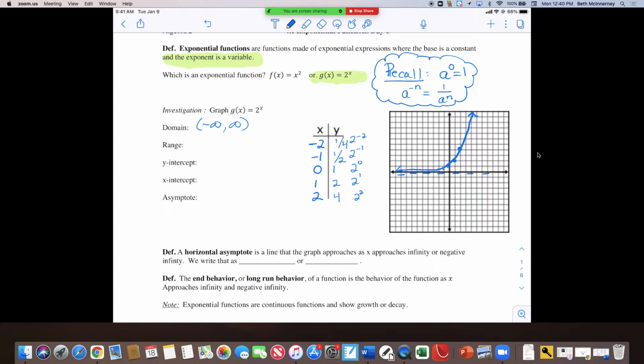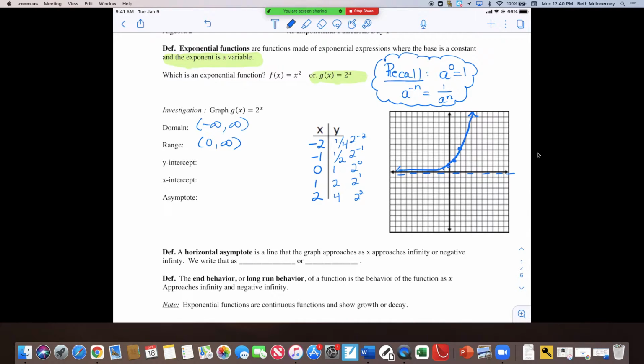There is a horizontal line that as x goes out to negative infinity on this one, as I move to the left, it's going to get closer and closer to this horizontal line without touching it. So my range is actually 0 to infinity.